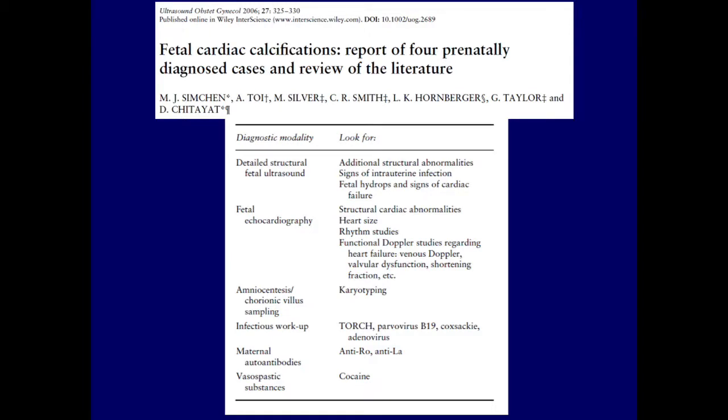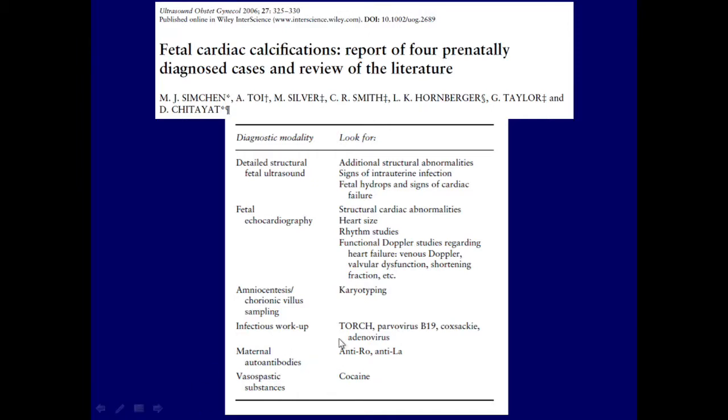So we discussed that, and in the literature I found a paper saying that sometimes in the left ventricle we can see idiopathic calcification, and interestingly enough, it could be due to viral infection. In our case, we performed a viral study on the patient, and she had positive IgG and IgM for adenovirus.